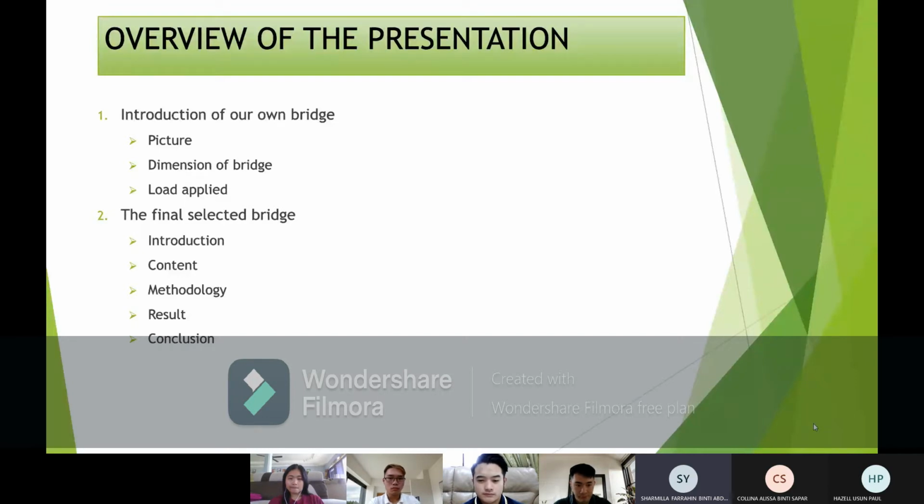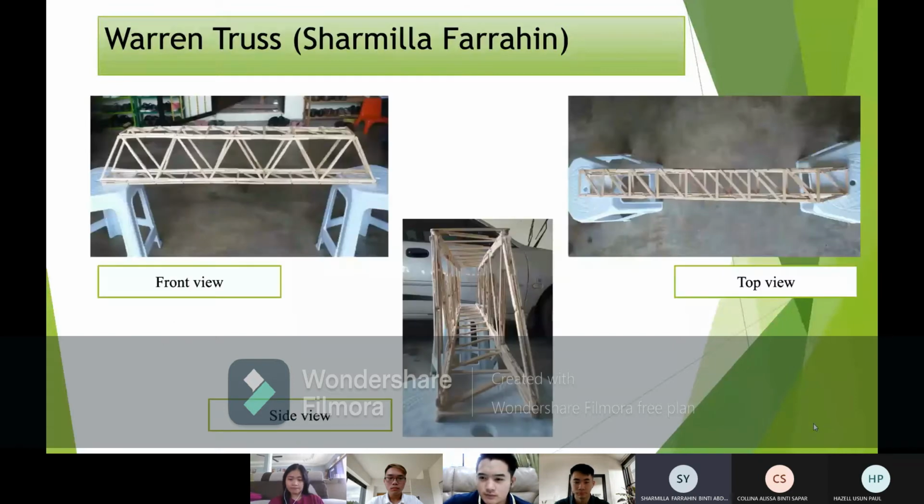After that, we will present our final selected bridge design with introduction, content, methodology, result, and conclusion.